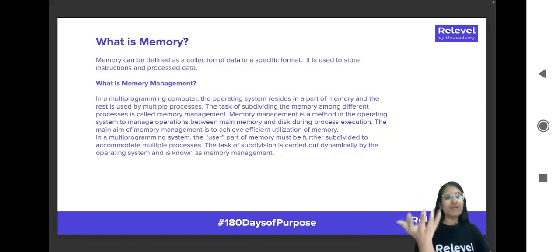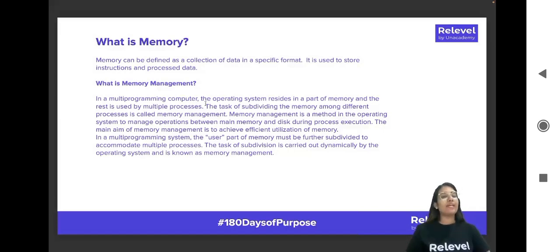Whenever you have some data, you always store it in your computer system, in your storage devices, in the binary format, because computers only understand zeros and ones. So anything that you store in your memory is always in the binary format.